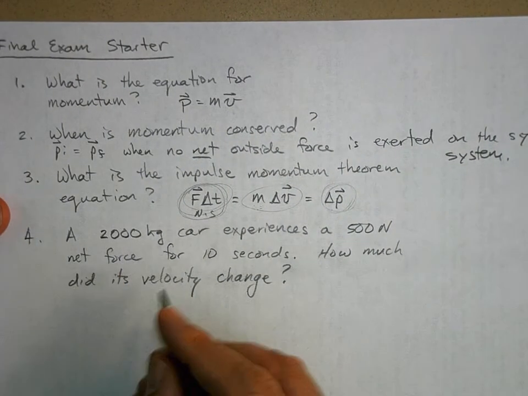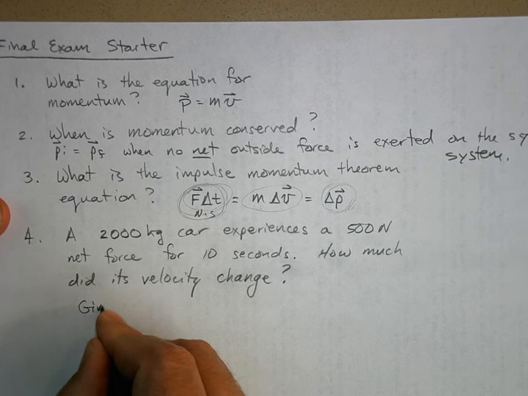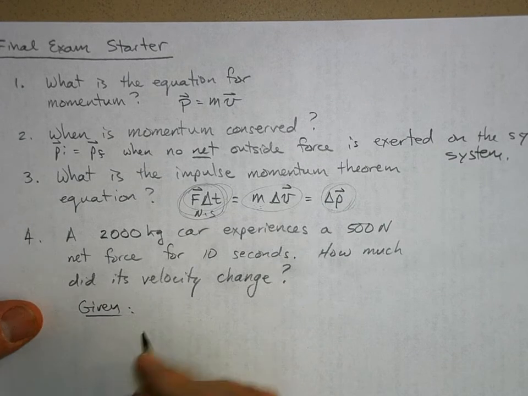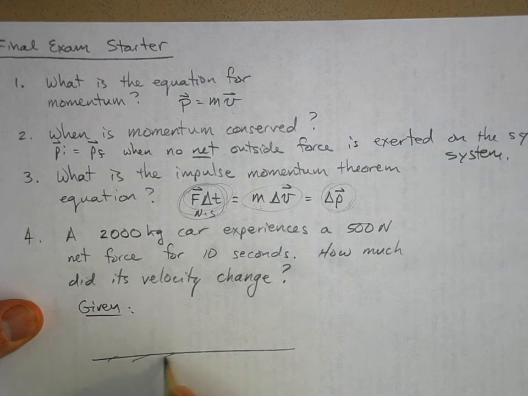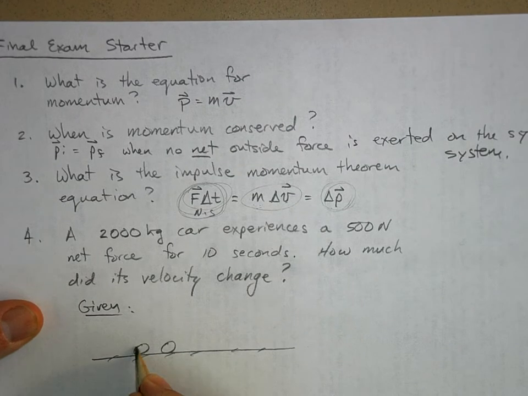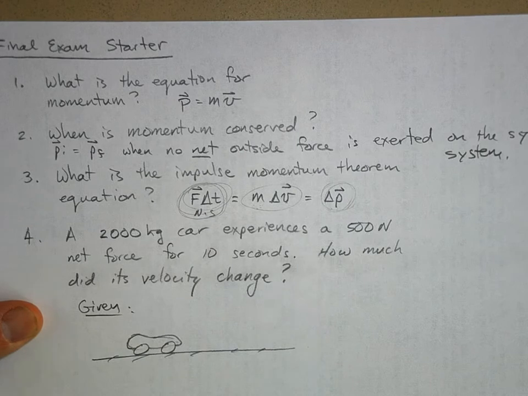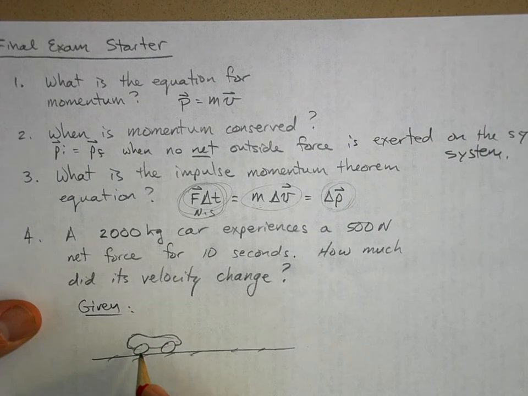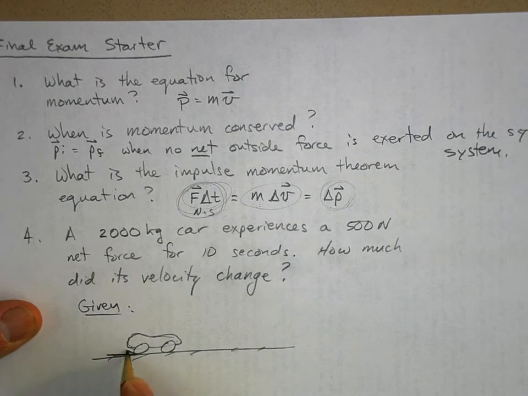We've got a 2,000 kilogram car. Here's a road or something, and you've got a car, some kind of Lamborghini or whatever, and there's an outside force acting on it.